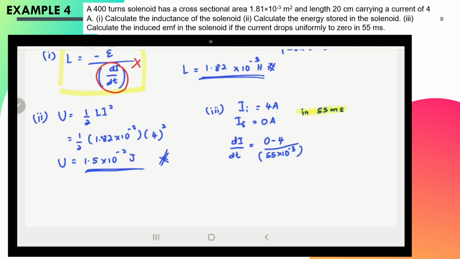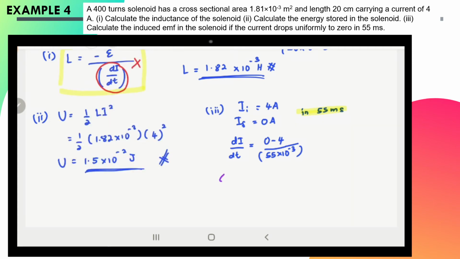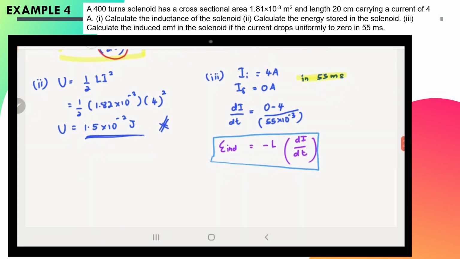Now we want to calculate the induced EMF, right? So let's write the equation, where induced EMF is equal to negative L dI over dt. So please remember this is the equation. Now we can just substitute all the values.